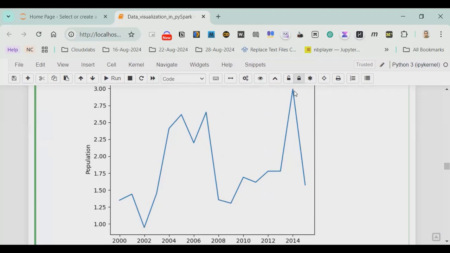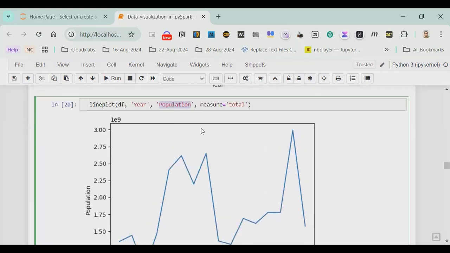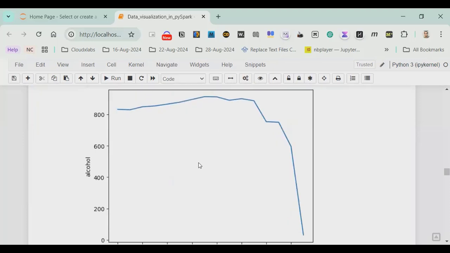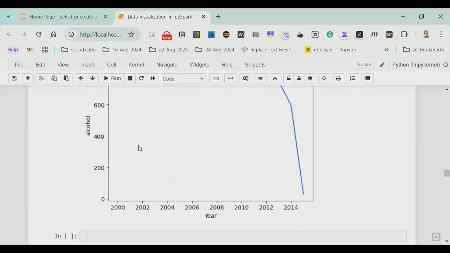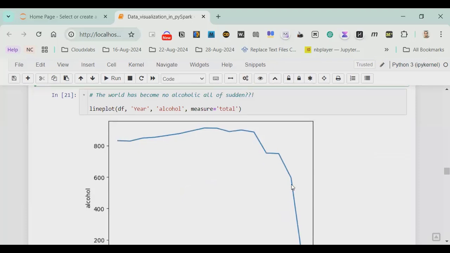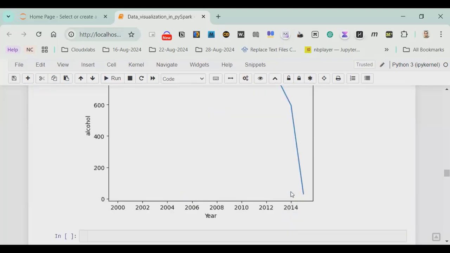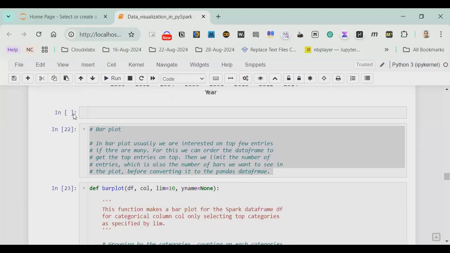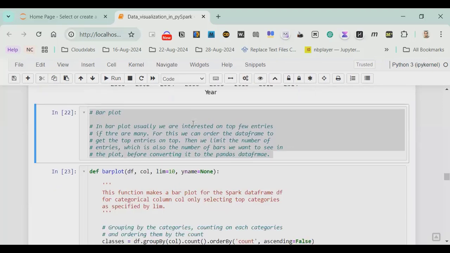And 2014 has the highest population, almost 3 billion. In a similar way, you can take alcohol as well. In 2000, alcohol is very high compared with current, I mean 2014, where it slightly decreased. So this gives us a lot of information regarding these values.